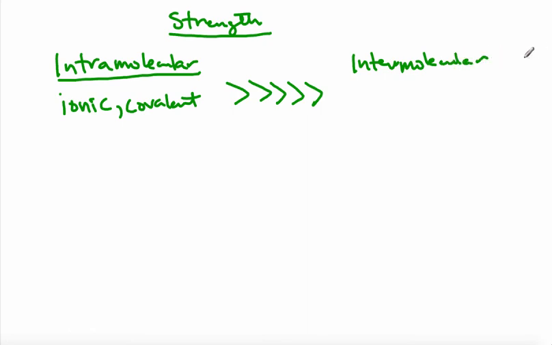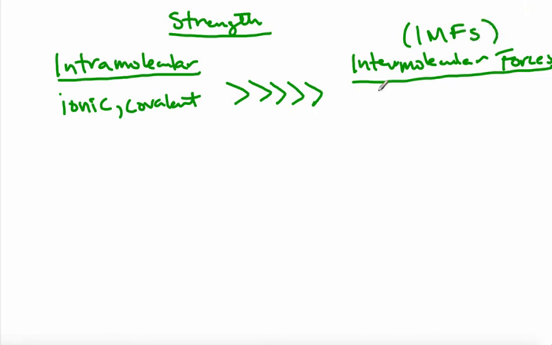Sorry for my writing, but you can hear me at least, okay? Now, within this realm of intermolecular forces, or what we called in class IMFs, the strongest of those is going to be hydrogen bonding. And hydrogen bonding is much stronger than dipole-dipole, and that's significantly stronger than a London dispersion force.